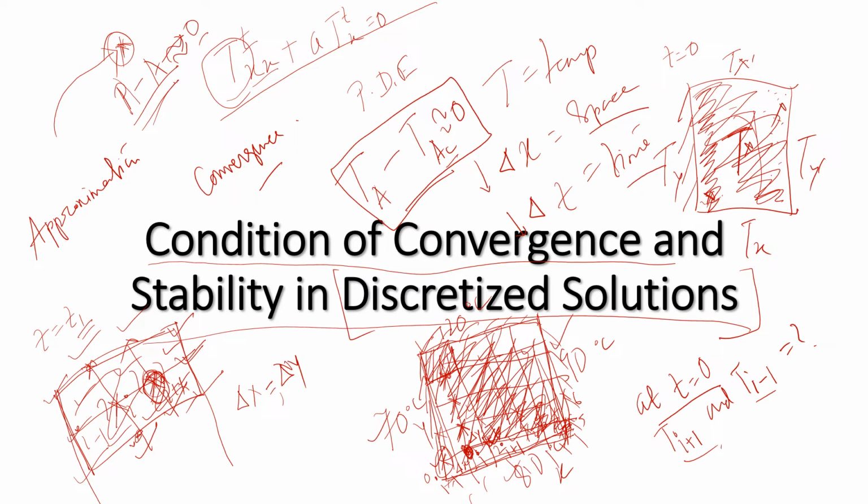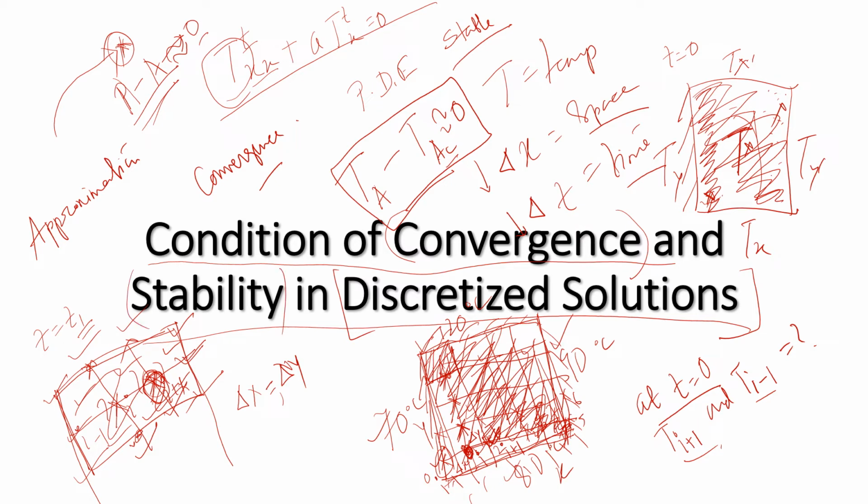And when a solution achieves that true solution, it becomes stable. So in case of discretization, there are different conditions that a solution has to achieve to become convergent and to become stable.